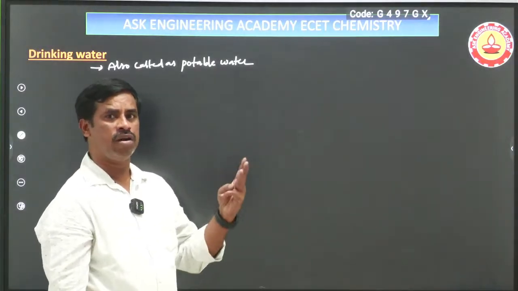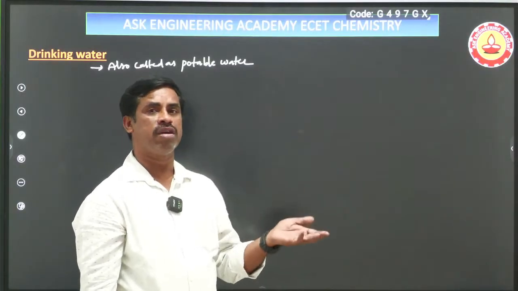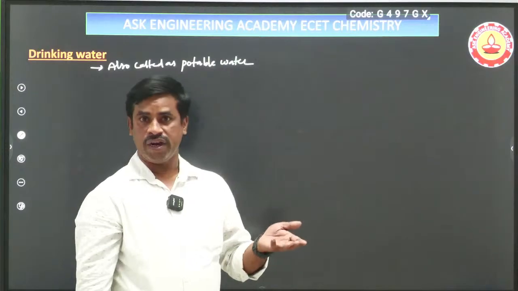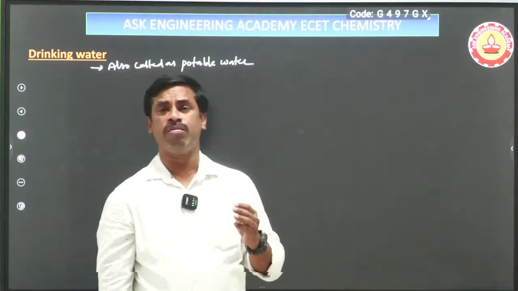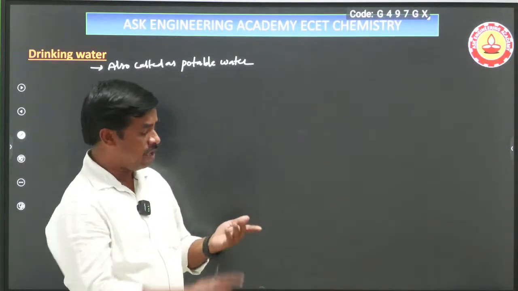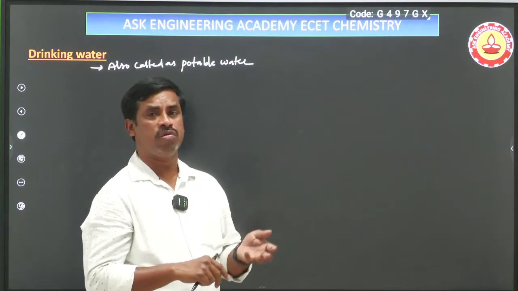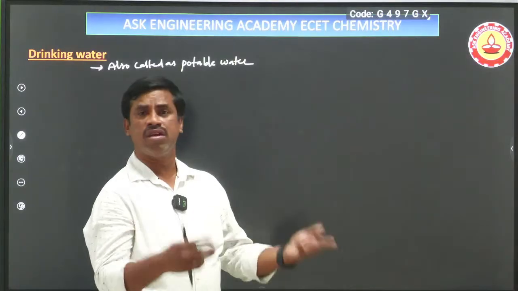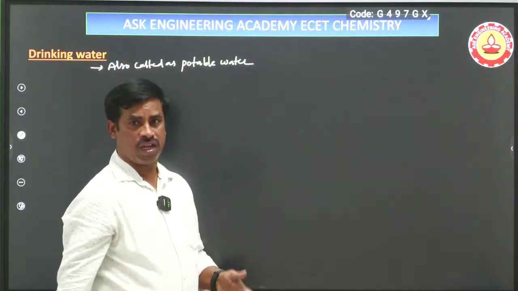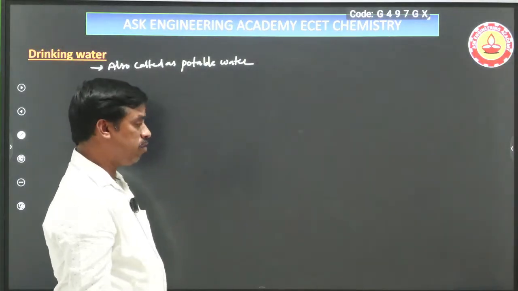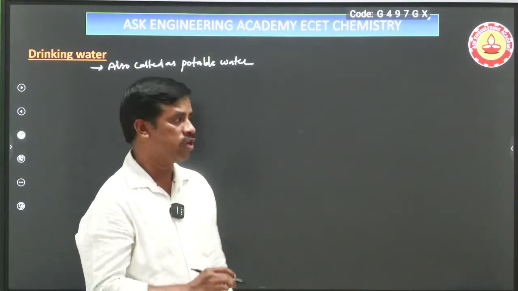Third point, it should be free from dissolved poisonous gases like carbon dioxide, sulfur dioxide, hydrogen sulfide, etc. Fourth point, it should be free from dissolved poisonous metals like arsenic, stibine, mercury, etc. And also the hardness of water should not exceed 125 ppm.